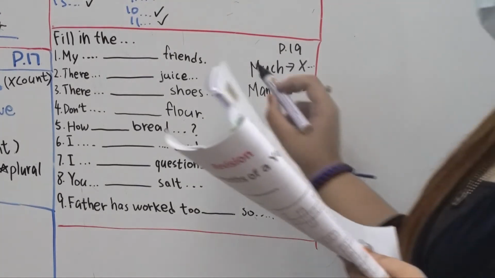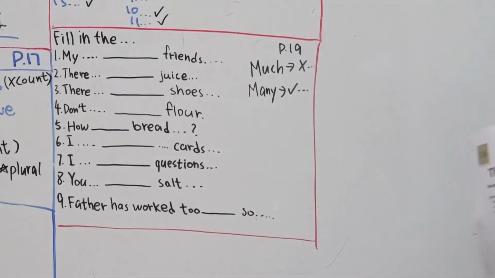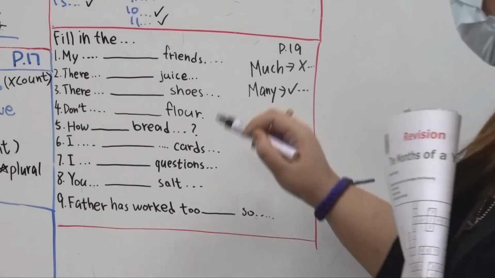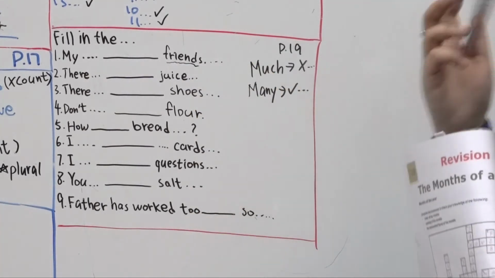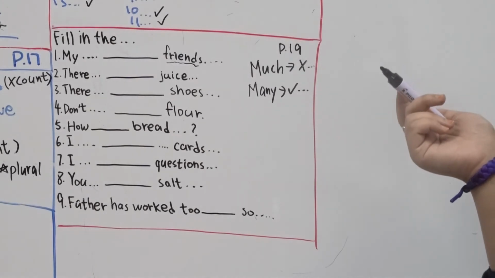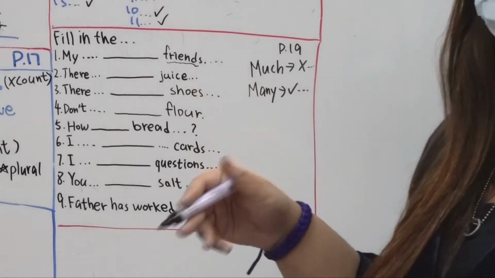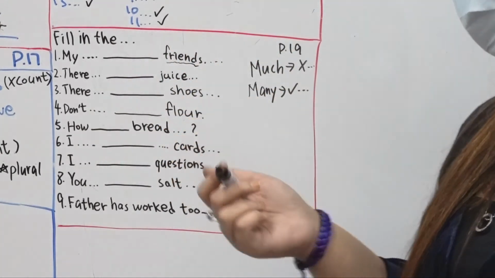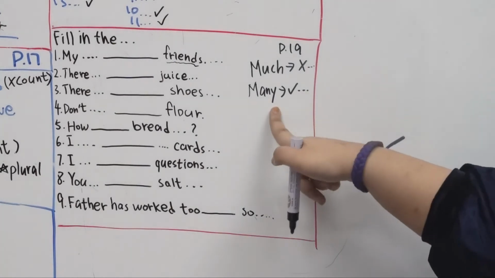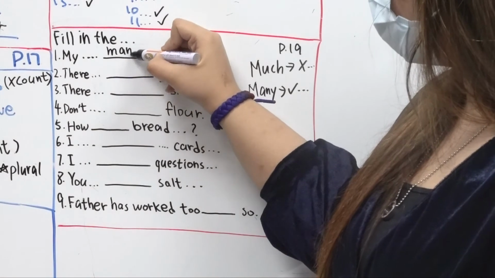Although she said, I can't count them, but look here. Do you think friends are countable? If you're confused about whether it is countable or uncountable, you may look at the noun. If the noun has S, it tells you we can count. So basically we use many. Do you know why we use many?